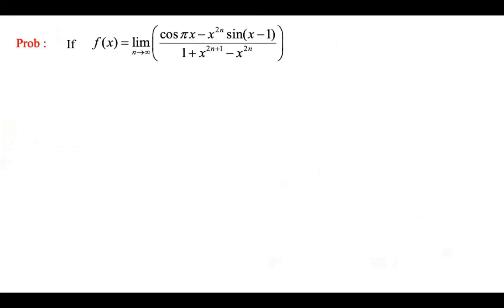So let us see one more problem. When my f of x is the limit as n tends to infinity of (cos πx minus x to the power 2n sin x minus 1) by (1 plus x to the power 2n plus 1 minus x to the power 2n). So in this problem, again with the same concept, they are asking us to discuss the points of discontinuity. Or they will convert it into objective model.